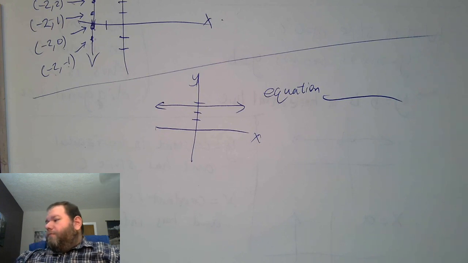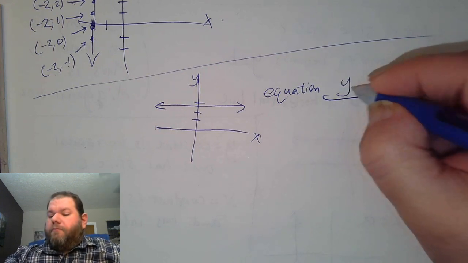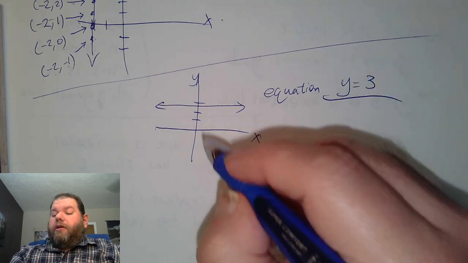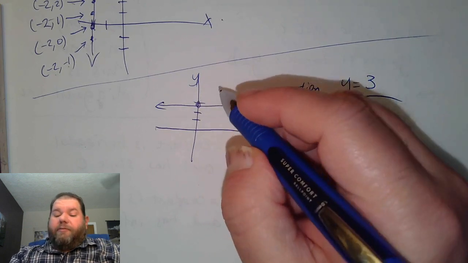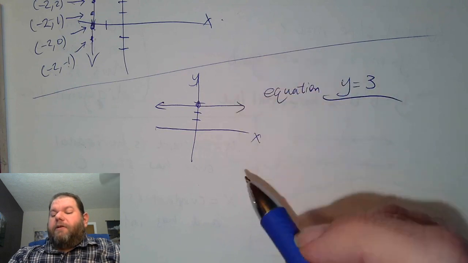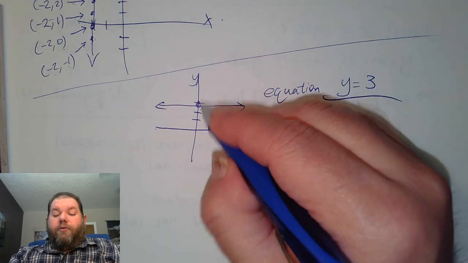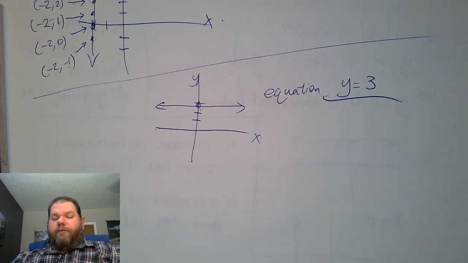Y equals 3. Yeah, because it's actually a little bit lower. That's my mistake, but it crosses 3 on the y-axis, so we'll say it's y equals 3.